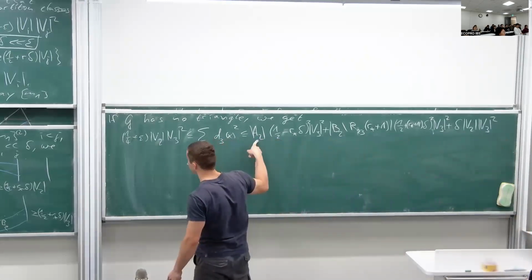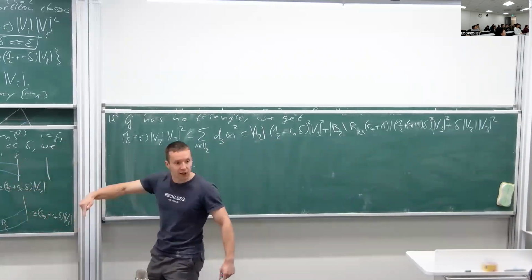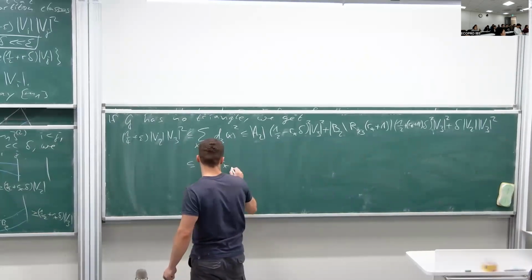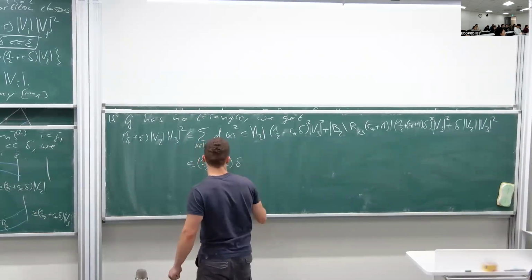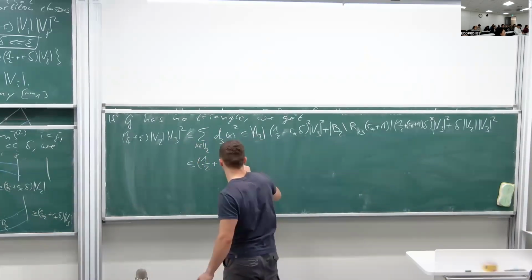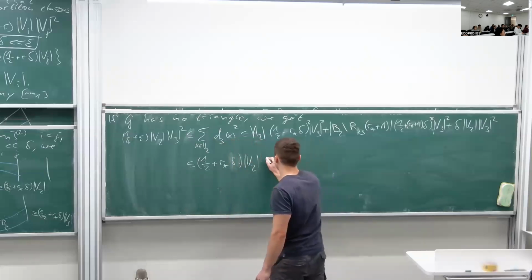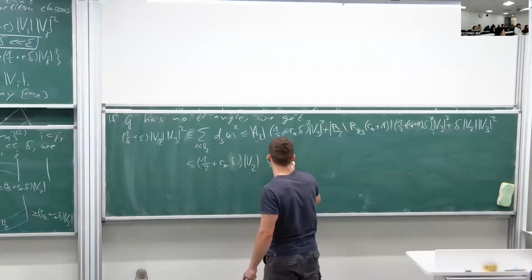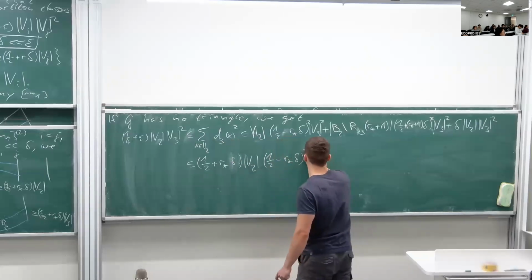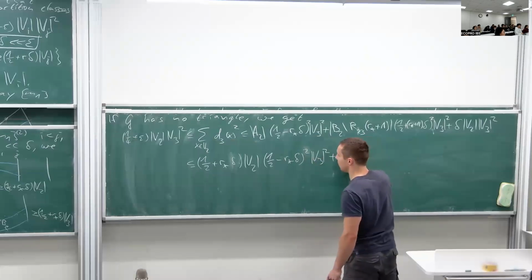But A2, because it's the neighborhood of our vertex X, which was one of those large neighborhood vertices, is at least 1/2 plus r star delta times B2, and then we just have this r star delta squared, V3 squared.